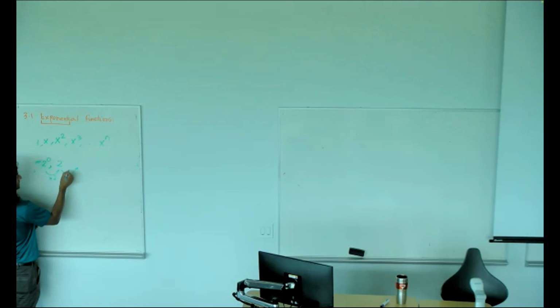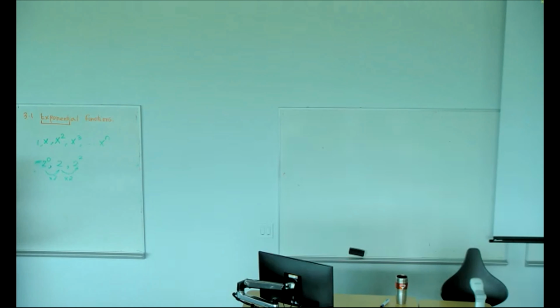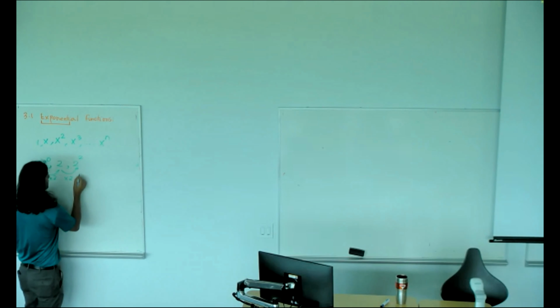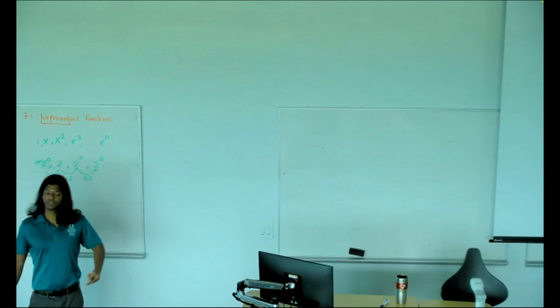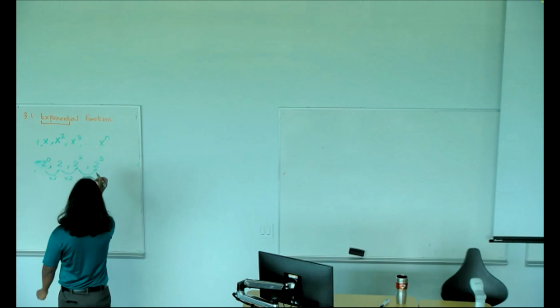Multiply that by 2, I get 2 times 2, which is 4. Just like x times x is x squared, 2 times 2 is 2 squared. Multiply 2 squared by 2, you get 8, which is 2 cubed, and I can keep on going.